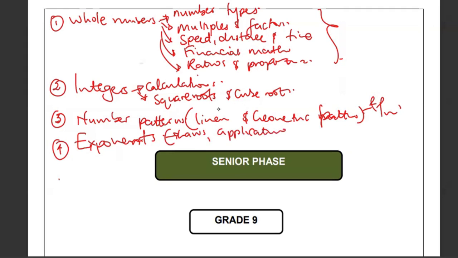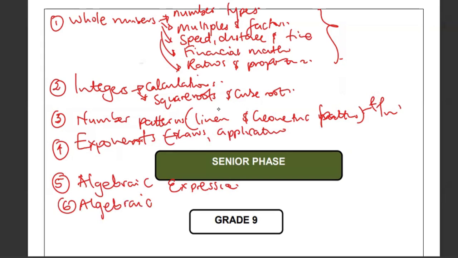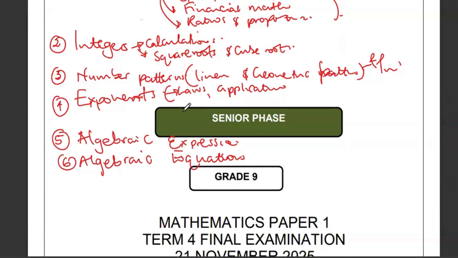All right, so then topic number 5 is the algebraic expressions. And then followed to that, we have what we call the algebraic equations. Okay, these two are different. Equations and expressions. And then lastly, the last topic for paper 1 has to be the functions.